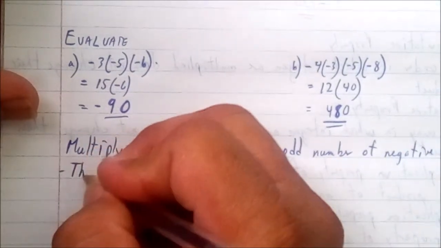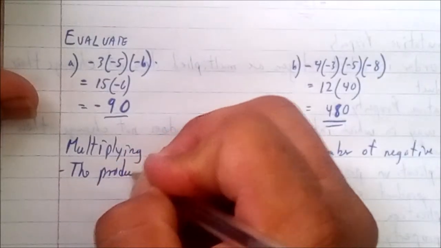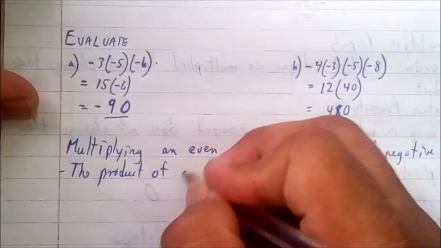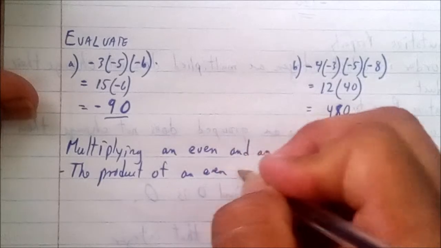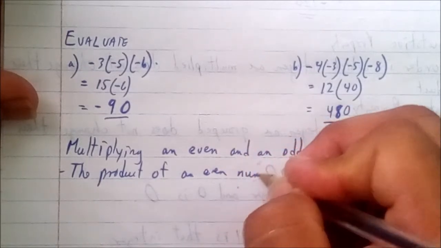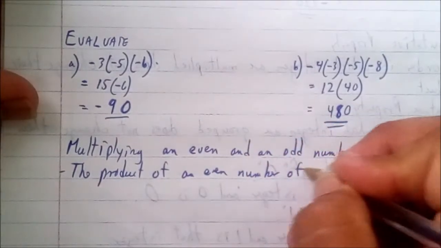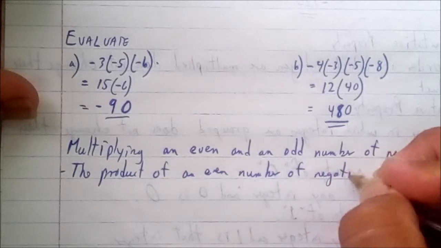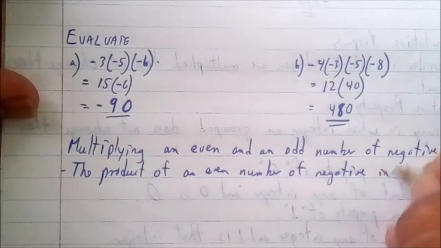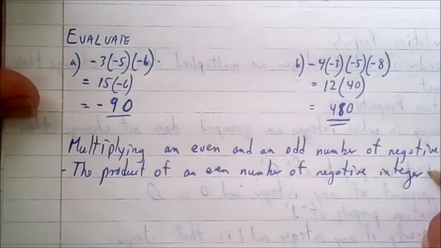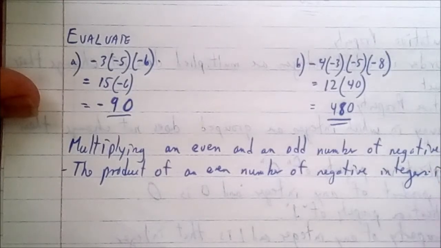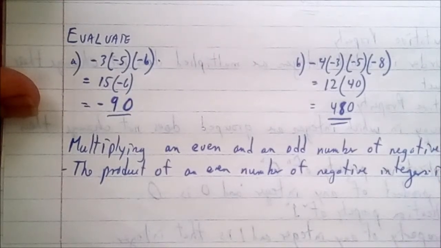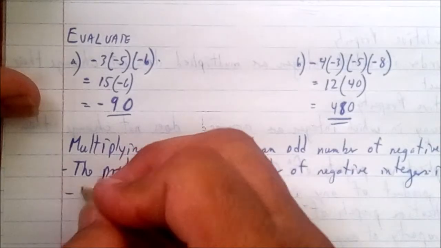1. The product of an even number of negative integers is positive, and the keyword here is even number.